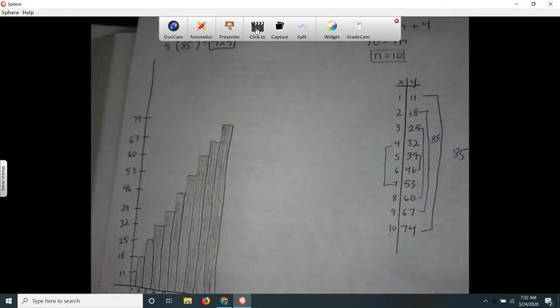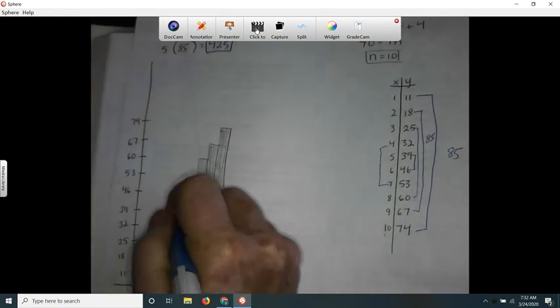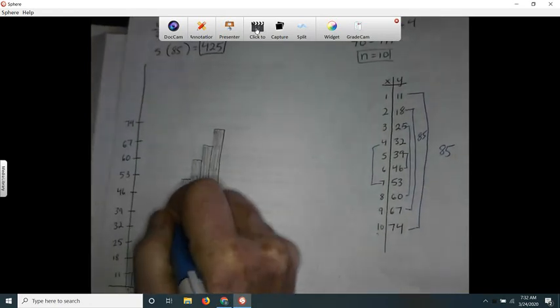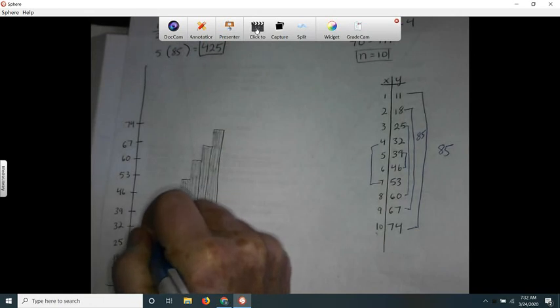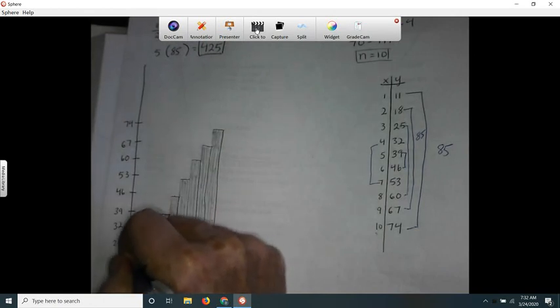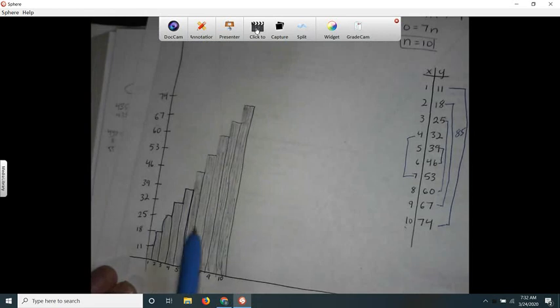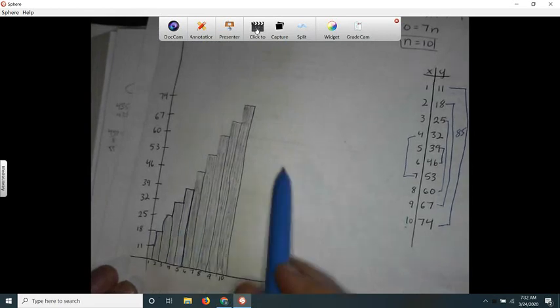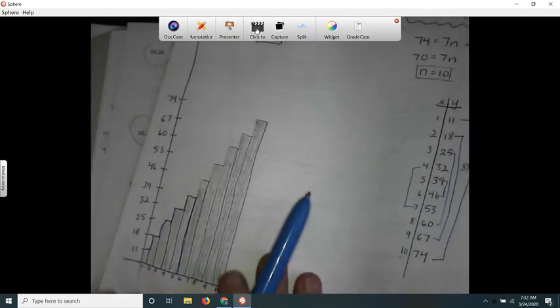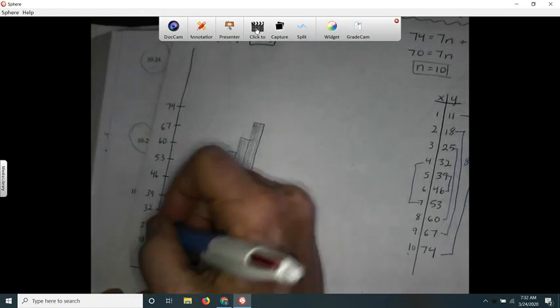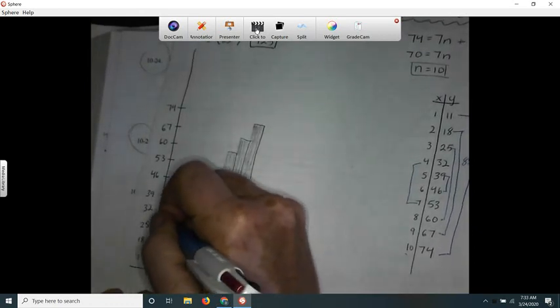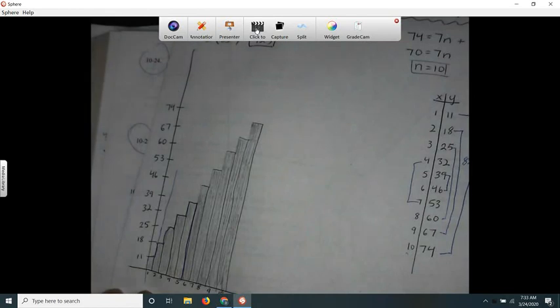If he takes these ones right here and leaves them there, and then he stacks these ones on, what would they add up to? 85, right?